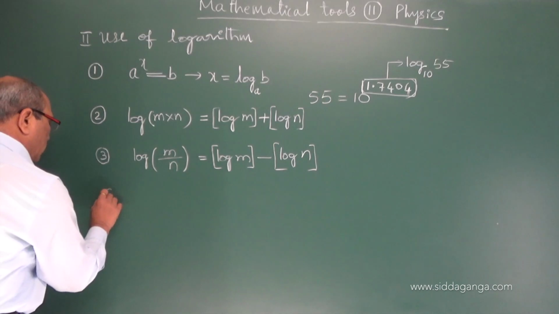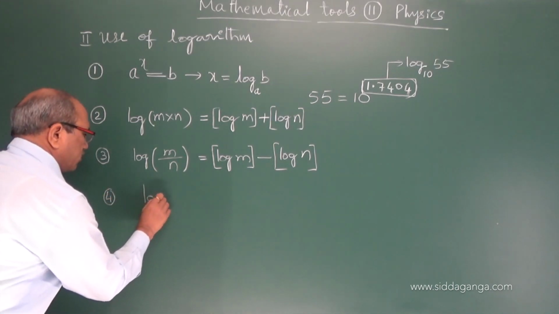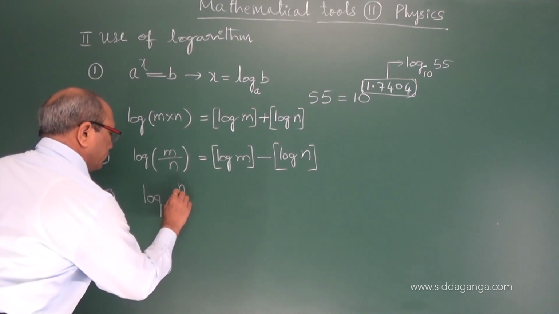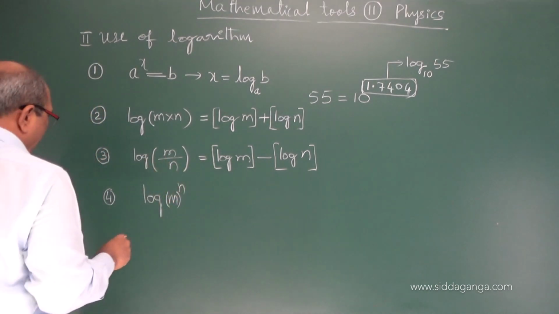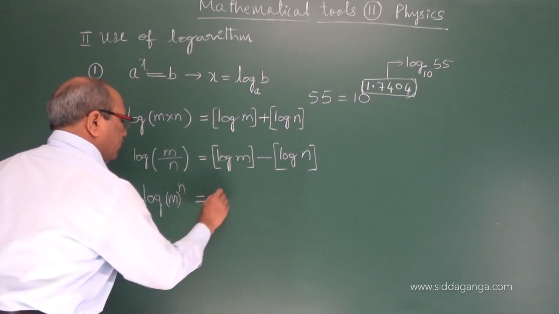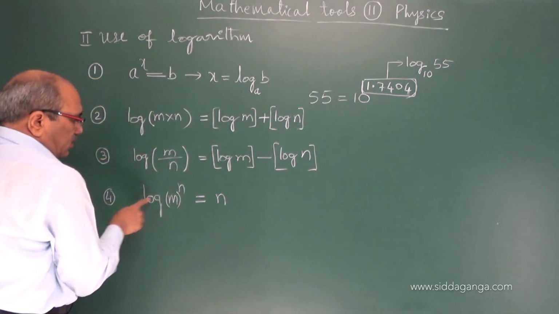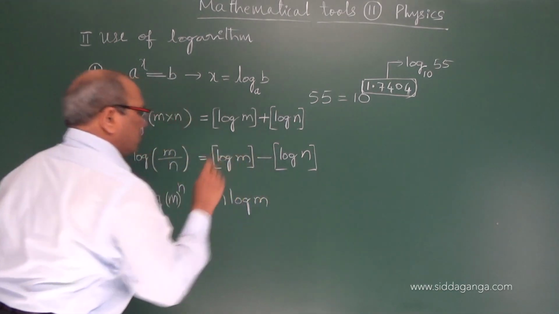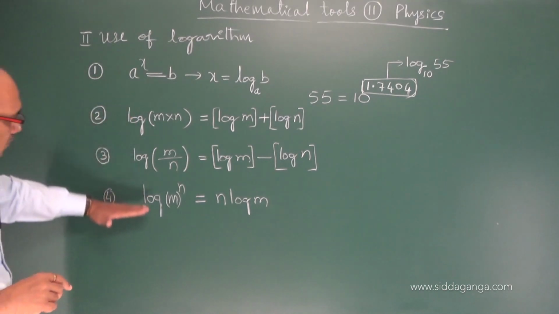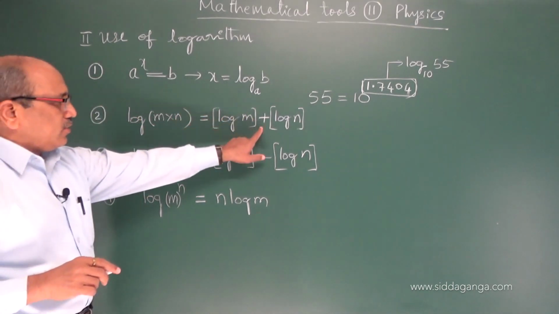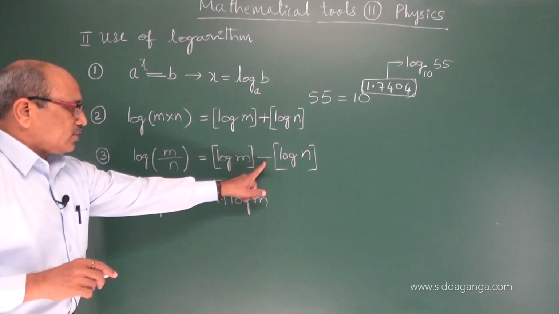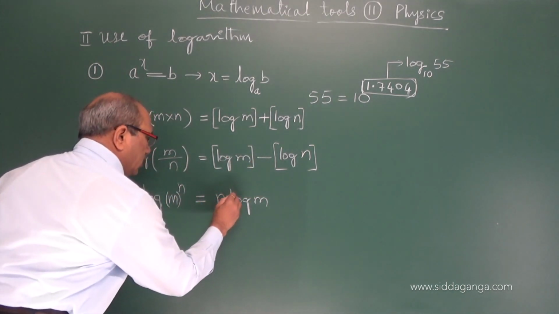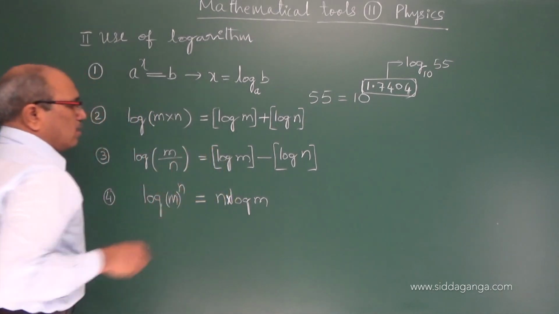The fourth rule: log of m power n may be written as n into log of m, a power becoming a product. These are three different rules. Product is converted into addition, division into subtraction, and power into a product, n into log m.